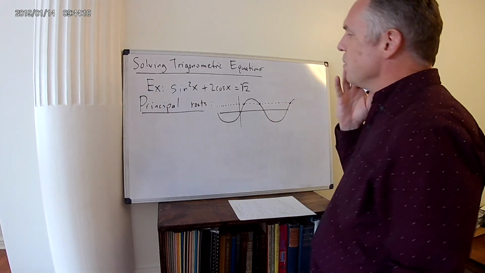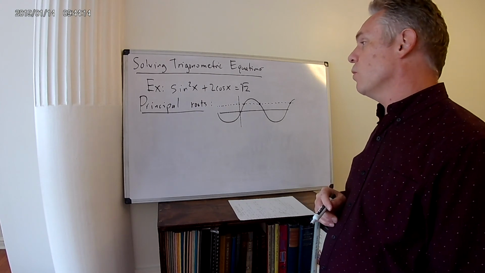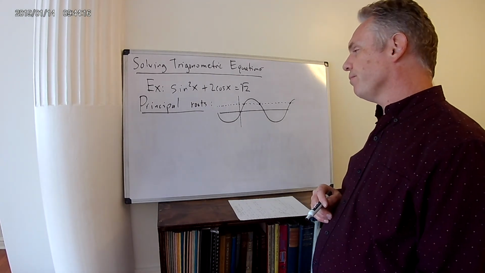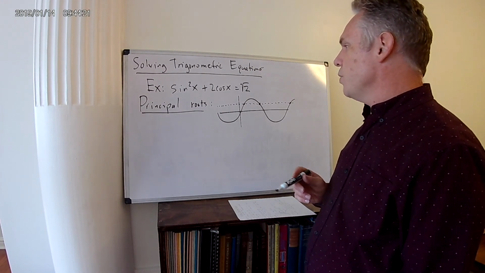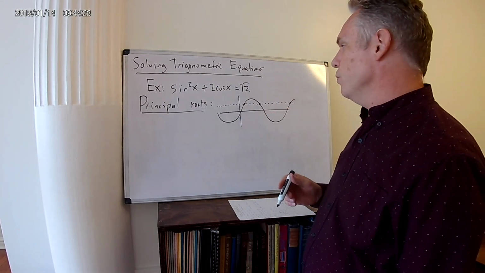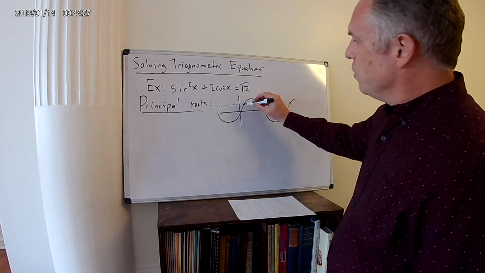So often you have more than one solution to a trigonometric equation. In fact, you'll have an infinite number of solutions. And we don't want to try to find all those solutions, but we try to find what's called the principal root, which typically will be this solution right here.